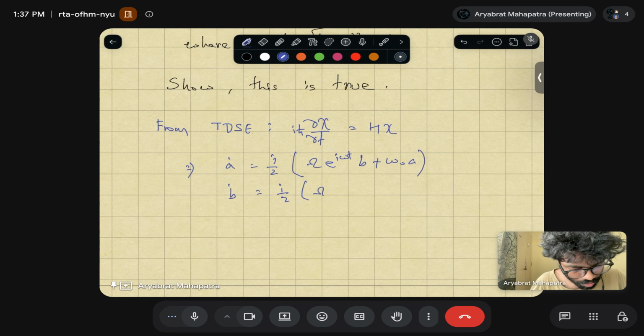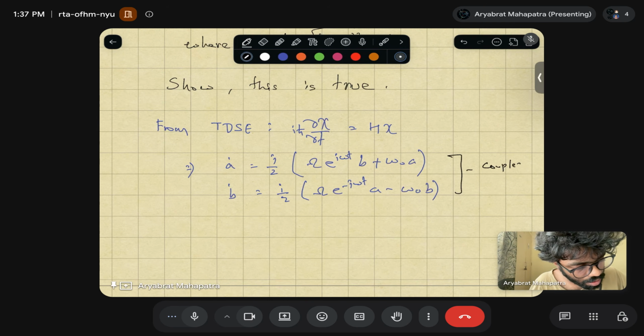And B dot equals i by 2 omega exponential minus i omega t A minus omega naught B. Now if you see, these two are coupled ordinary differential equations, coupled ODEs.